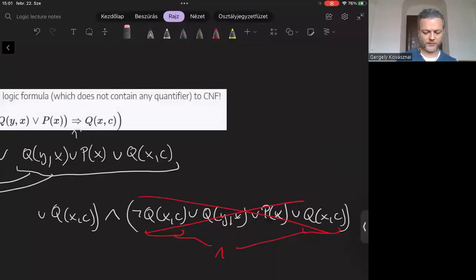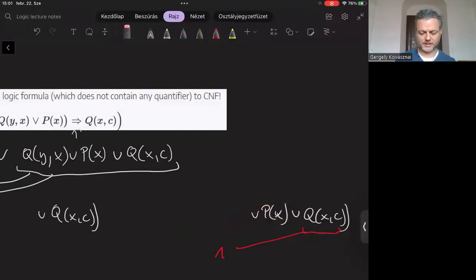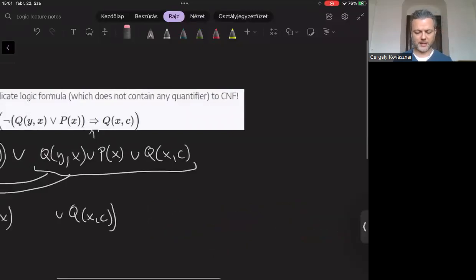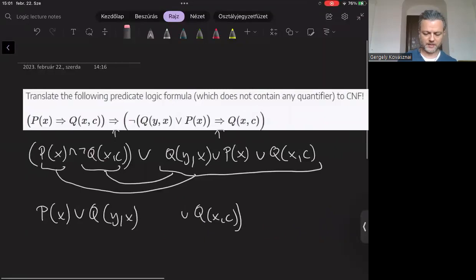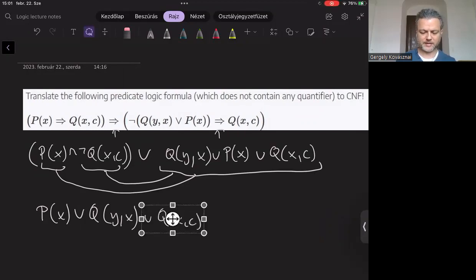So after that, we can just erase this part and keep this part. So the final result, the simplest CNF for this formula, looks like p(x) or q(y,x) or q(x,c).